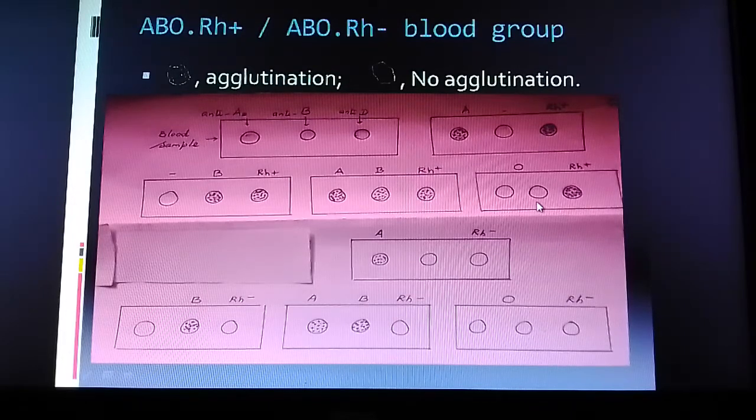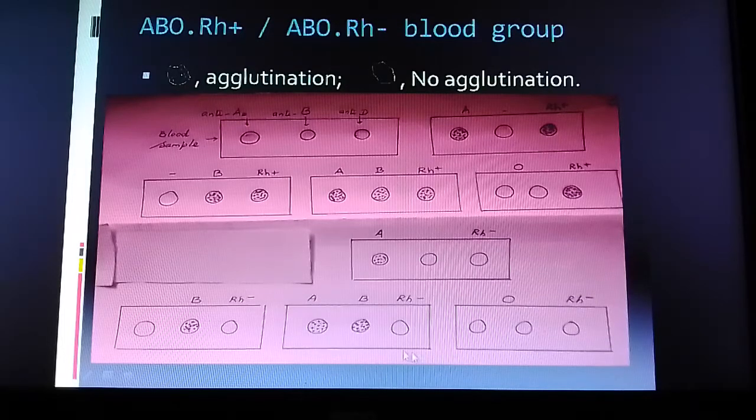And in some more cases, you may not find agglutination with either anti-A or anti-B. In such a case, you can consider it is of O blood group. The O blood group also may show agglutination with anti-D, where you can assume it to be RH positive.